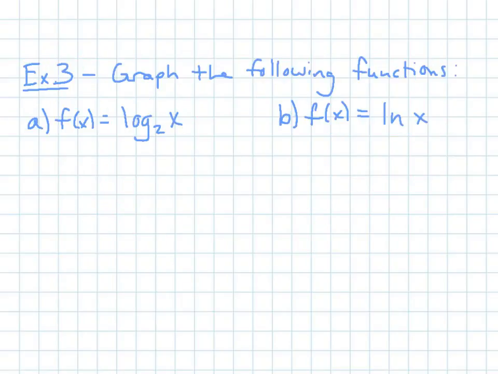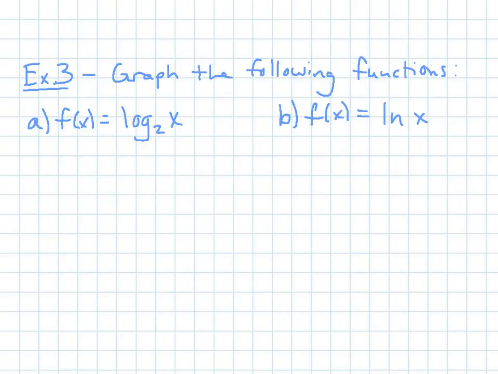Example 3, we want to graph the following functions. f of x is equal to log of x base 2, and f of x is equal to ln of x. Okay, now one thing that I want you to note is that anytime I have an ln, all the properties work exactly the same for my logs as they do for ln's.